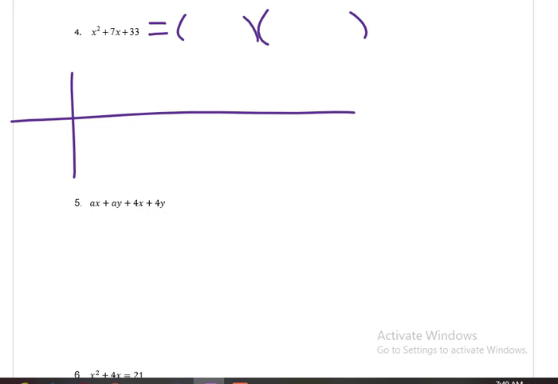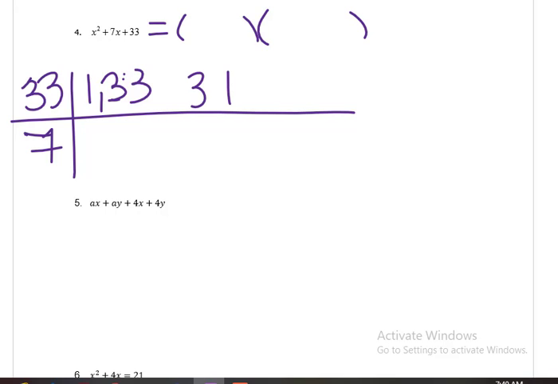Number 4, x squared plus 7x plus 33. Let's go ahead and create our answer area, and then we're going to look for the factor pairs of 33 that add up to positive 7. For 33, we have 1 and 33. We have 3 and 11.